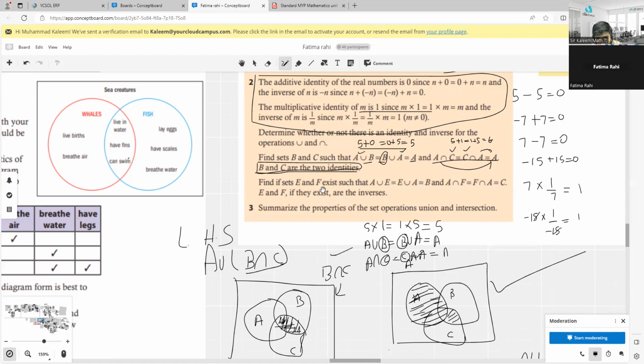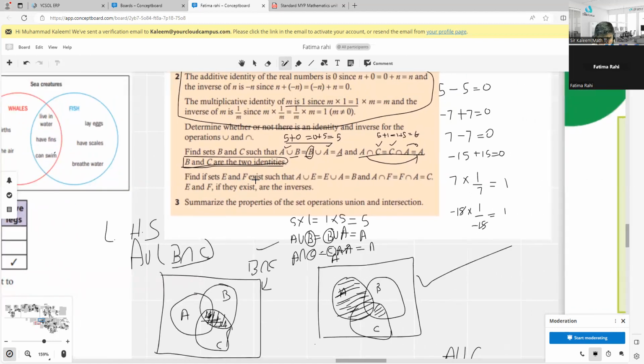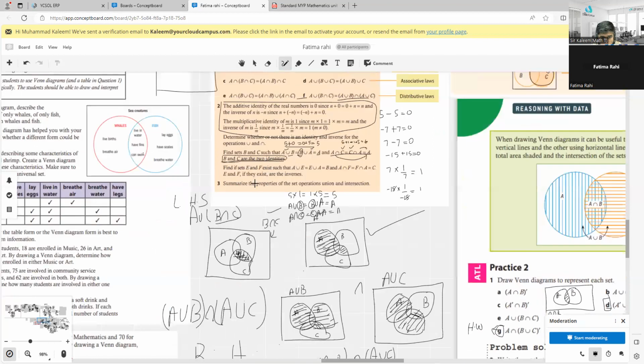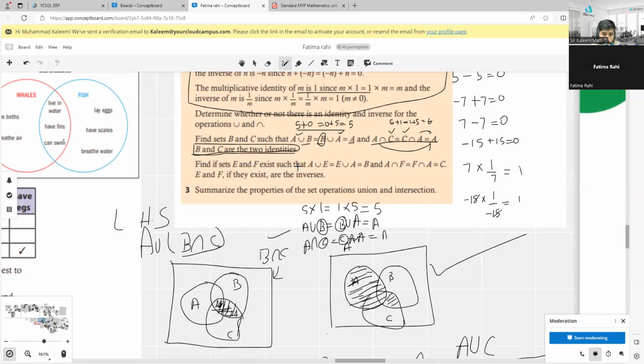Just give me a minute. Find if sets E and F are the inverses.